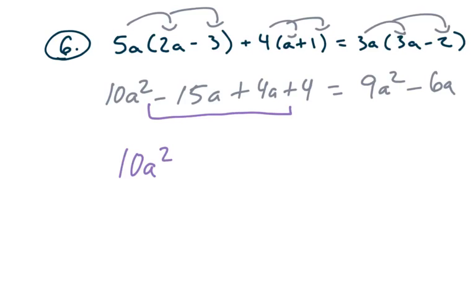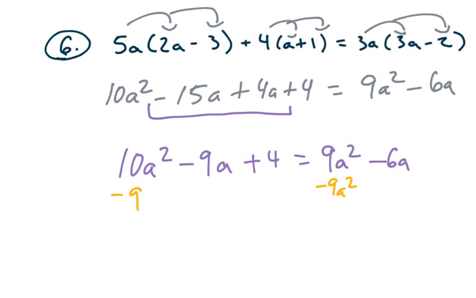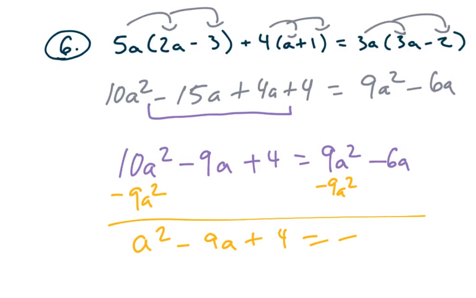So it gives me 10a squared minus 9a plus 4 equals 9a squared minus 6a. So we're going to subtract 9a squared. So this will give me a squared minus 9a plus 4 equals negative 6a.